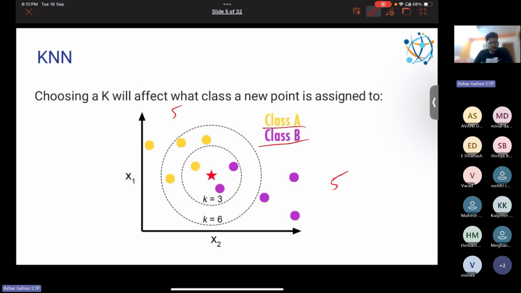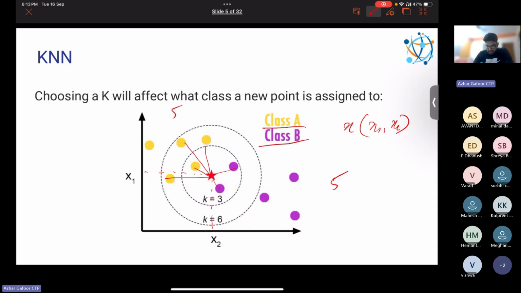So first, our new data point X, let's say it has X1, X2. So it is somewhere placed here, X1, X2. Now what it will do is first it has to calculate the distances between all the points. And then we have to decide what the k number is.